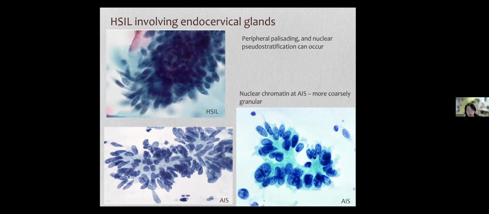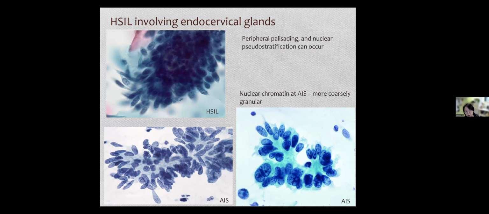This is also a kind of pitfall. You can see in the upper left corner, that's an HSIL involving a gland, and it definitely gives you a glandular appearance. In contrast, AIS is very feathery looking. But for HSIL involving a gland, you're going to see in the background single cells, single HSIL cells, and others in small groups.